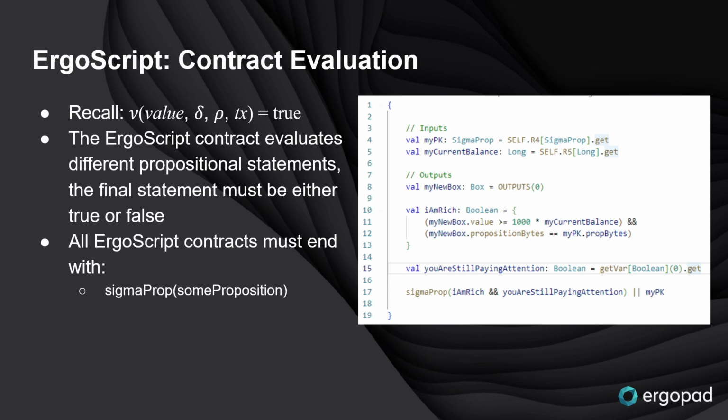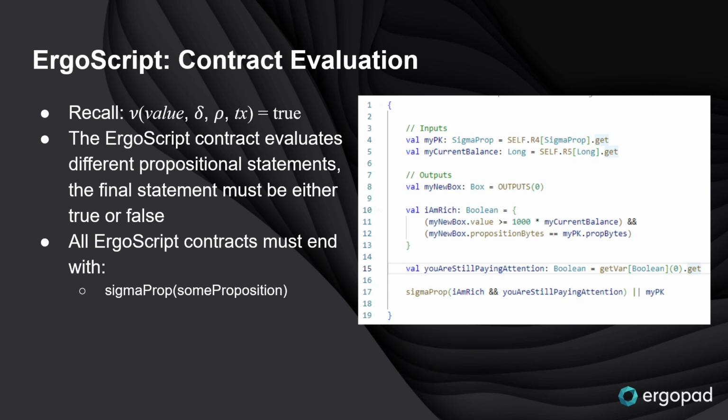And if the new output box's value is greater than 1000x your current balance, and the new box has the same address as your current box, so the proposition bytes is the same contract, then you are rich and it will be evaluated true.